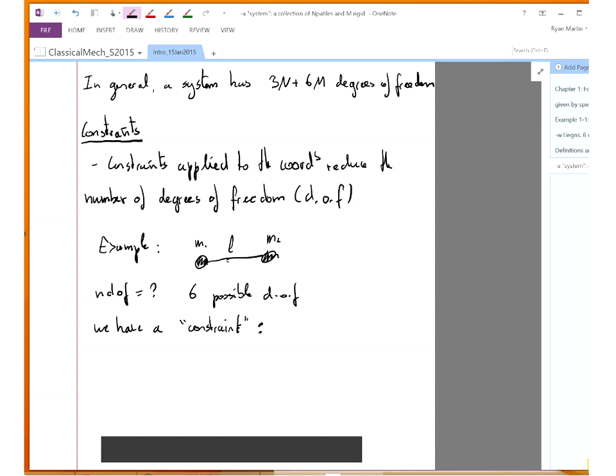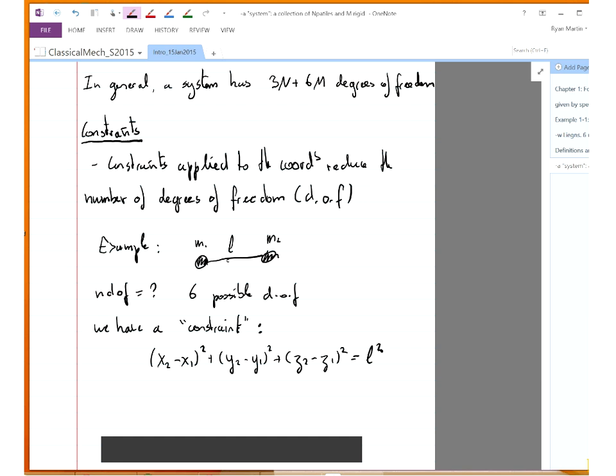The fact that the 2 masses are held together by this rigid rod we can write as a constraint equation of the form, say, (x2 - x1)^2 + (y2 - y1)^2 + (z2 - z1)^2 = L^2, where x1, y1, z1 are the coordinates of mass 1, and x2, y2, and z2 are the coordinates of mass 2.